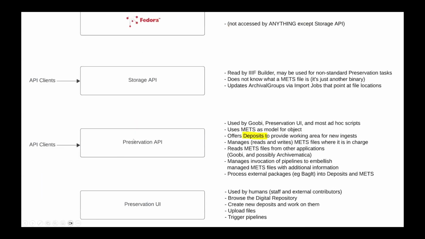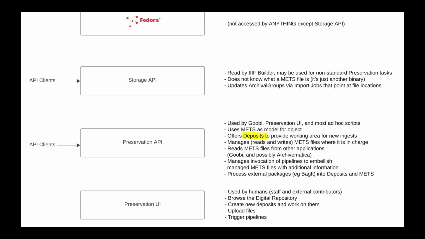That's the domain of the preservation API, which has the implementation of use cases for digital preservation work, and is a tool that can manage the workspace, manage the files in the workspace of a deposit, manage the METS files associated with them. It can read METS files from a variety of sources, but it can write METS files for objects that originate in it.